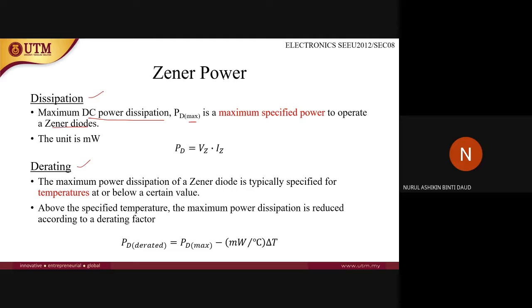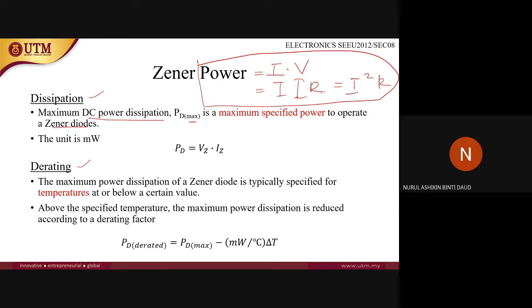To calculate power, usually P equals IV, or I squared R. Usually this is the formula.